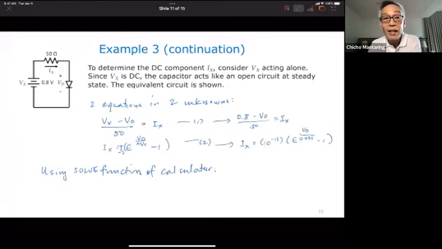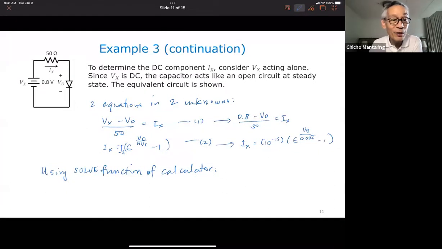Okay. And what is the answer going to be? I'll just give you the answer. You're going to get I sub X is 1.44 mA. Okay. Earlier, people said 2 mA. That is if we just assume that V sub D was 0.7.